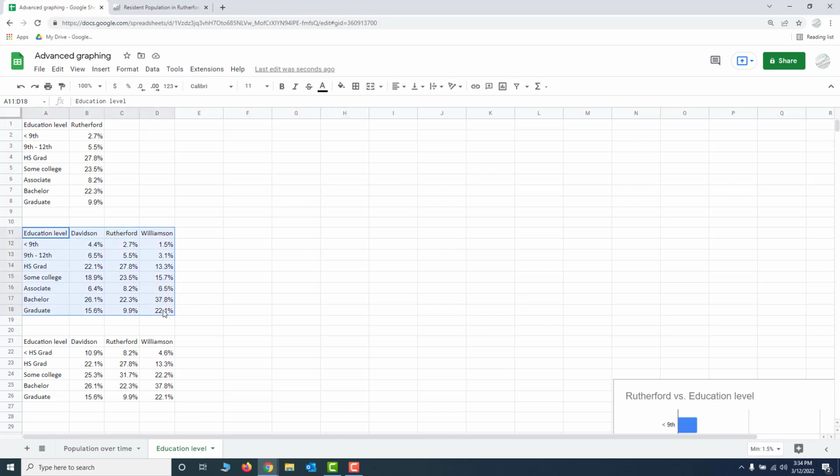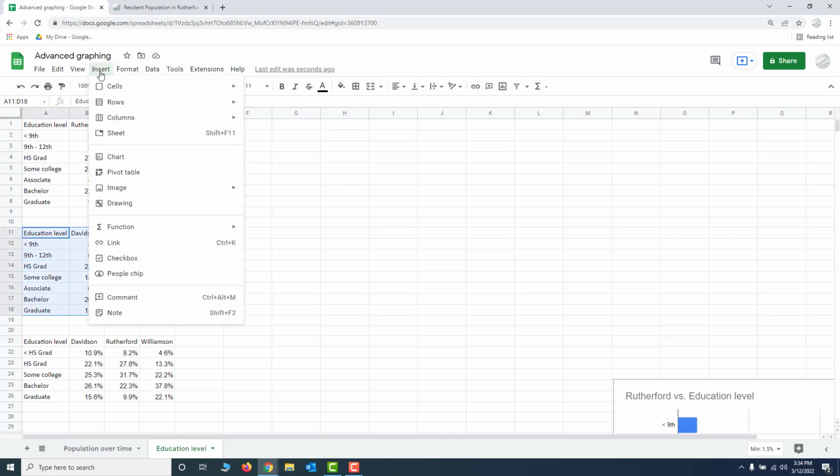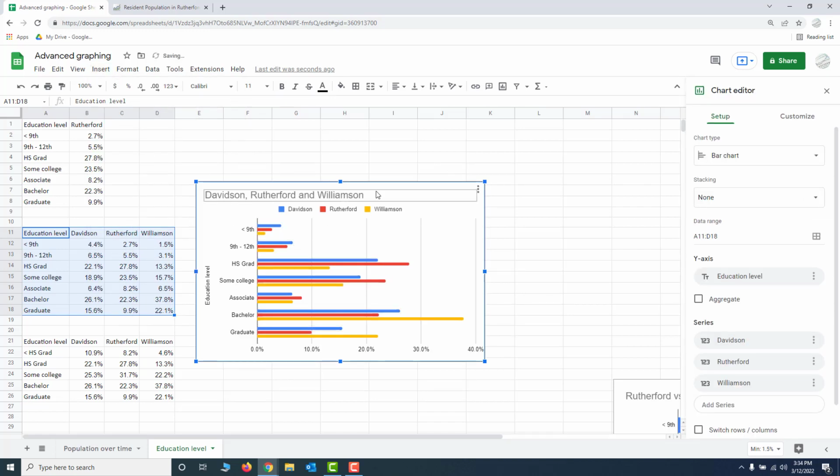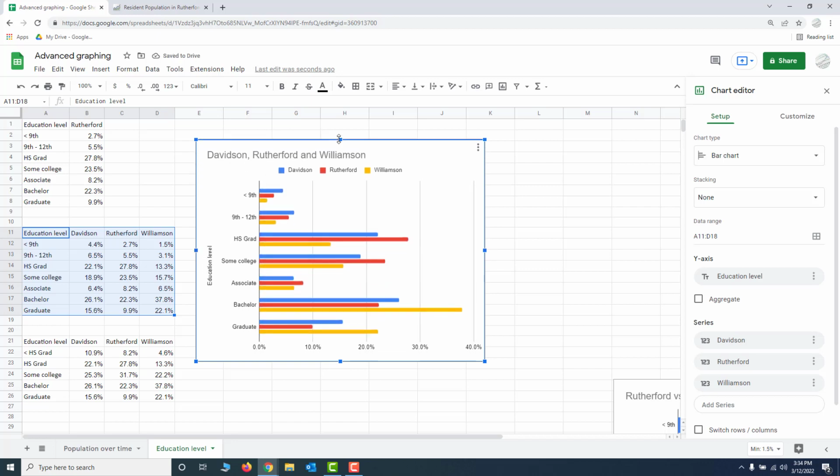Well, you could try that bar chart that we just looked at. In fact, that's what it's going to give us by default here. So now we have a bar for each county. The blue is Davidson, the red is Rutherford, and the orange is Williamson. But you have to really squint at this to make sense of it, right?